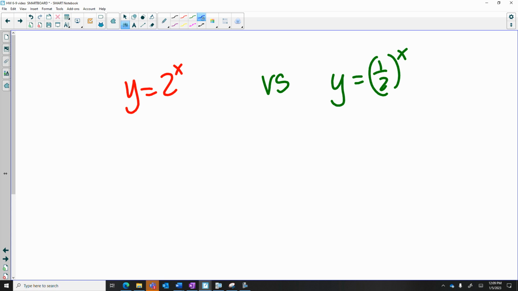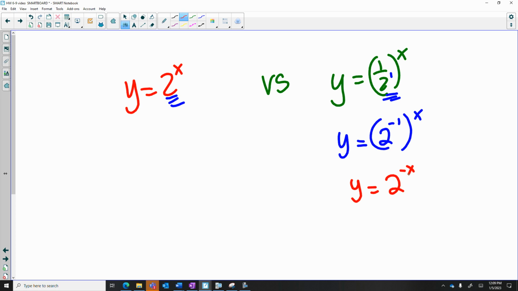These two are reciprocal bases, 2 and 1/2. And it turns out if you rewrote 1/2 as base 2, it's really 2 to the negative first power. So this is really 2 to the negative x. Thus, the negative is on the x, and when you negate the x, that's a reflection in the y-axis. So that is the relationship between 2 to the x and (1/2) to the x.